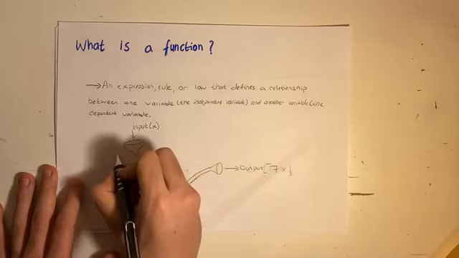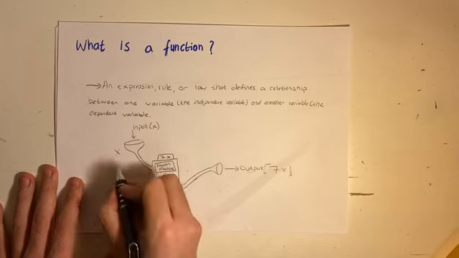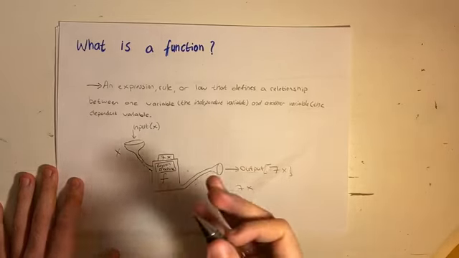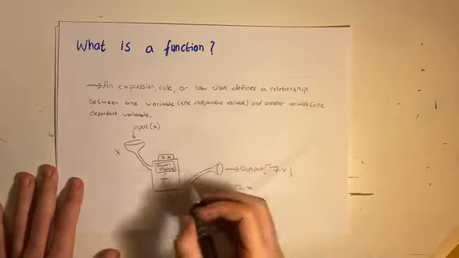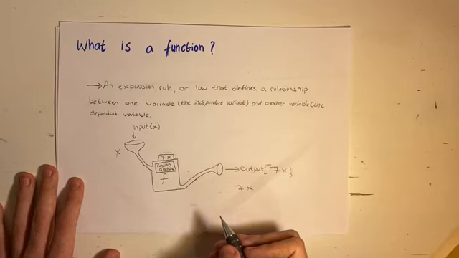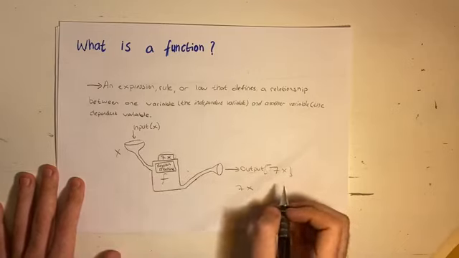What I mean is, there's an input and an output, so anything you put in as x will give you 7x. So this is very simply a function. The function is 7x.